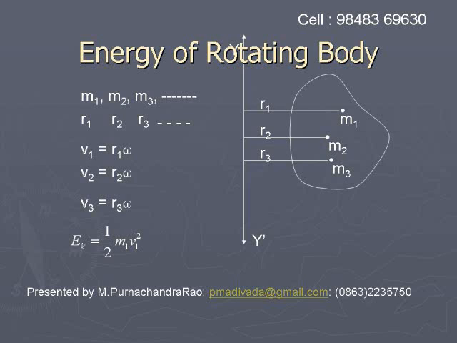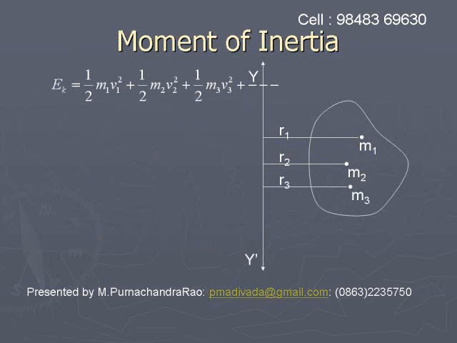So, the kinetic energies of the particles m1, m2, m3 are half m1 v1 square, half m2 v2 square, half m3 v3 square, and so on. To calculate the total kinetic energy of the body, we have to consider the sum of the kinetic energies of all the particles of the body.